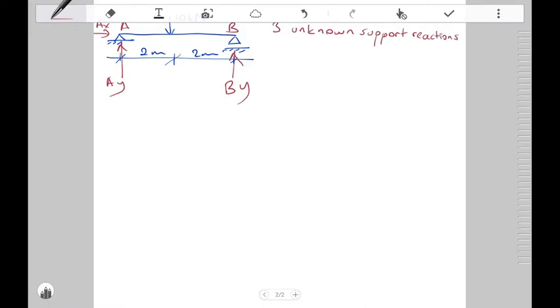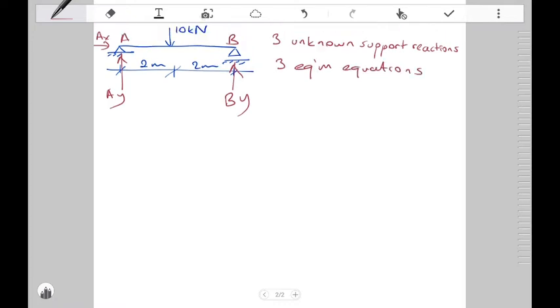Okay, and we are solving the structure in 2 dimensions. So I got 3 equilibrium equations, and what I learned here is I got 3 unknowns and 3 equilibrium equations.